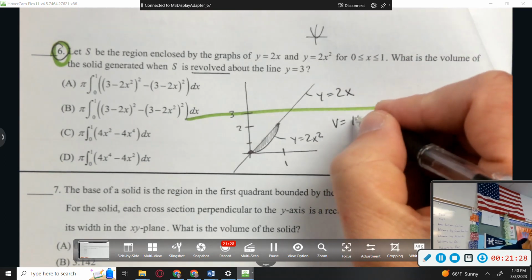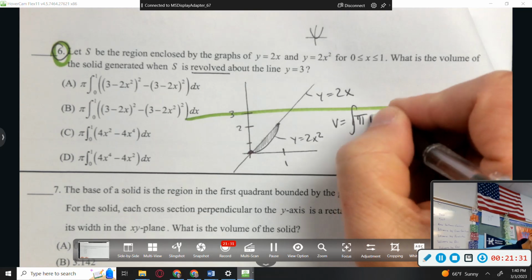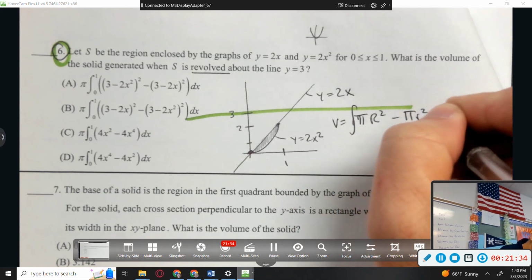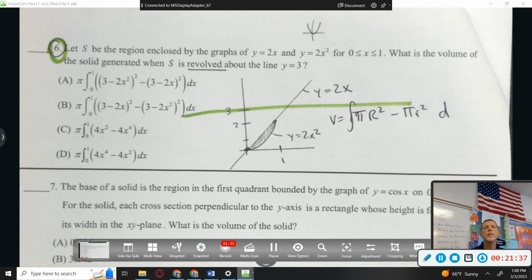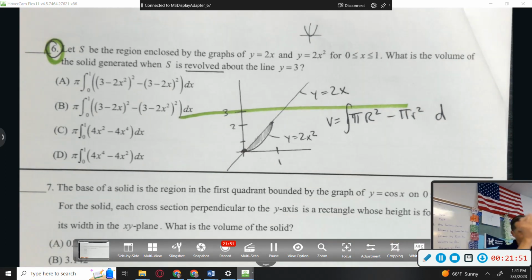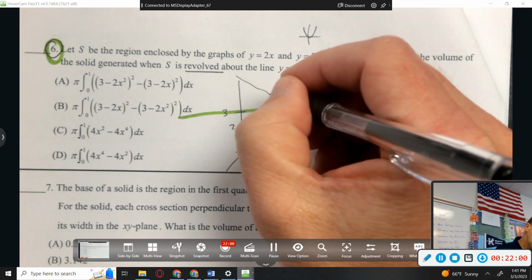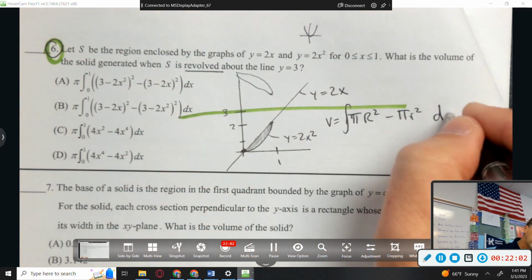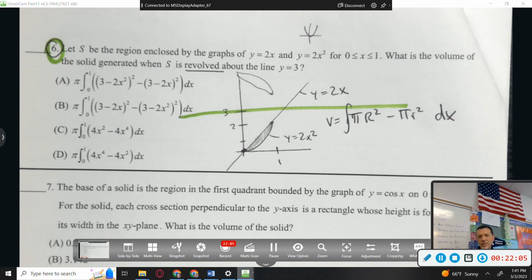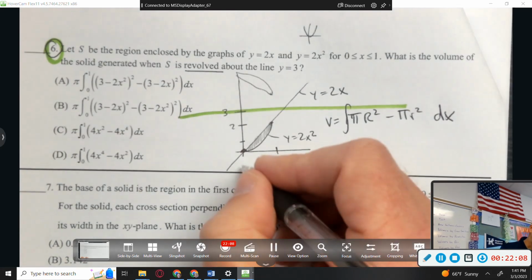Okay, volume is the integral of pi R squared minus pi little r squared d something. If I rotate this around y equals 3, what are my slices? Are we slicing x or y? X slices. I don't know if it helps to draw it or not. Slicing in x, so that means my limits are in x. So 0 to 1.